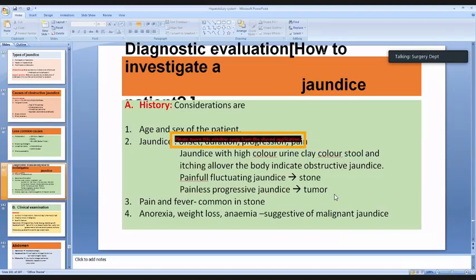Now the question is how to evaluate or investigate a patient with obstructive jaundice. Whenever a patient comes to a doctor with obstructive jaundice, how can we proceed through history, examination and investigation to reach a particular diagnosis?